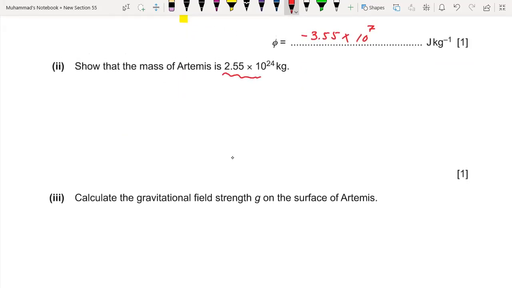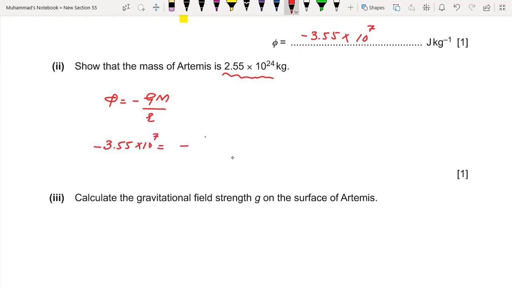Okay, so how to find mass? What do we know? We know gravitational potential, and we know its radius. So we have to find its mass. So you know that gravitational potential is minus G M over r. So put the value of gravitational potential, that is minus 3.55 times 10 power 7.